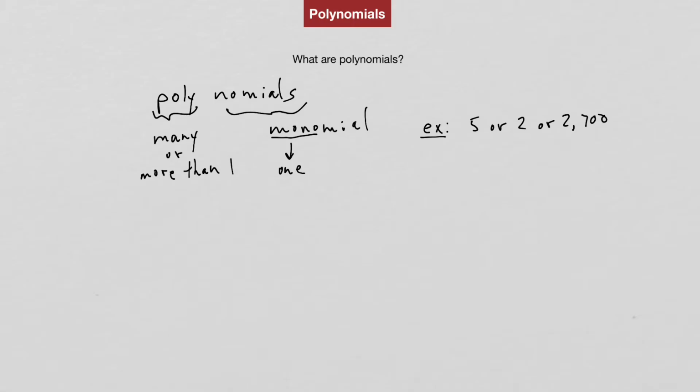A monomial can also be a variable like x, y, a, or b. And it can also be a combination of what I just wrote. So it could be 5x, 2xy, 2ab, 2700xb.